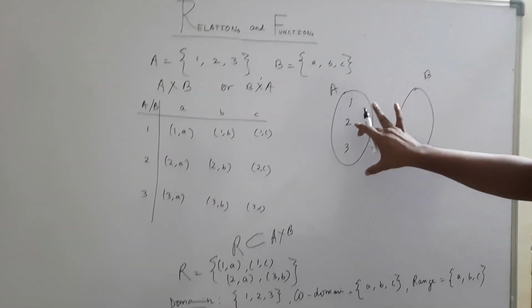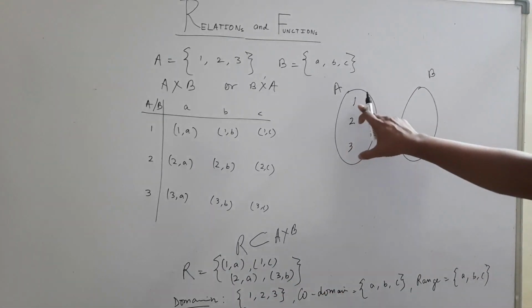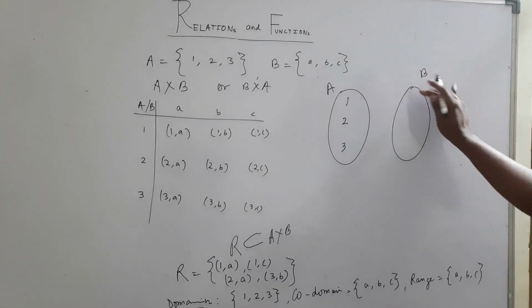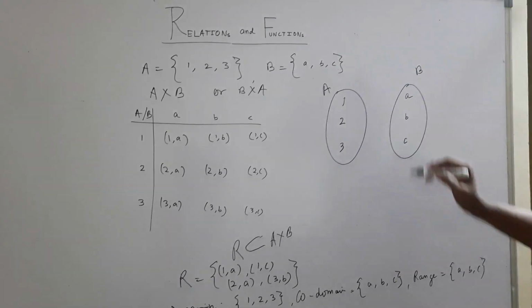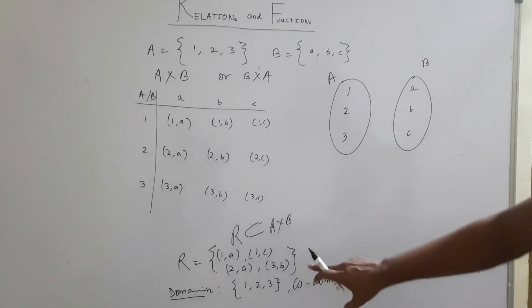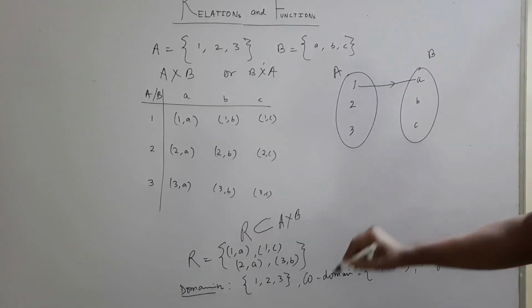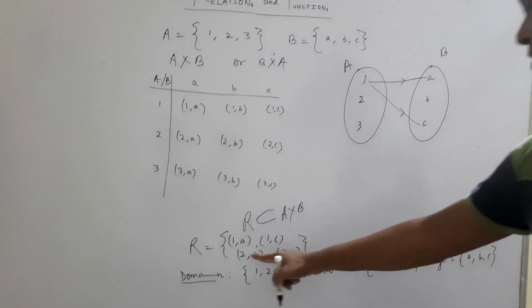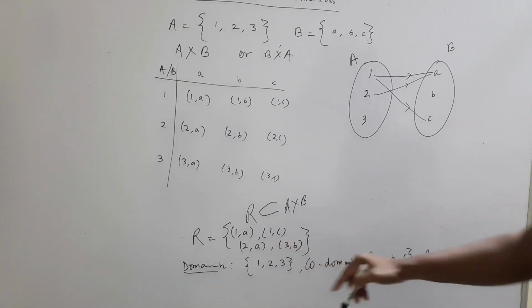The set B has the elements a, b, c. Now you see in our relation, 1 is connected to a, 1 is connected to c, 2 is connected to a, and 3 is connected to b.